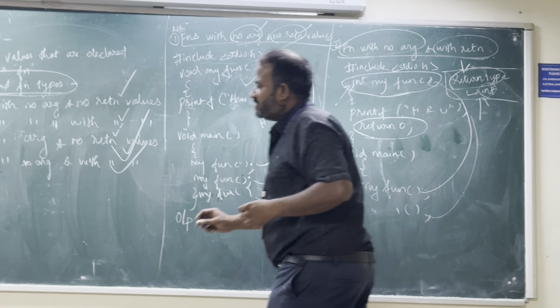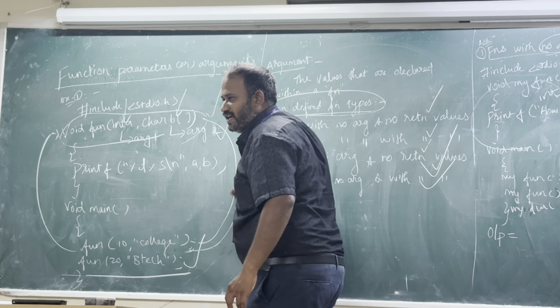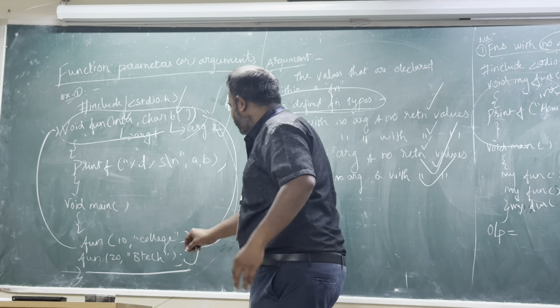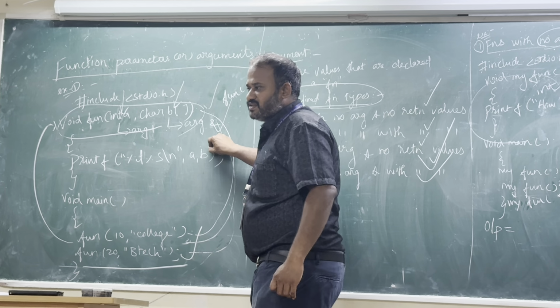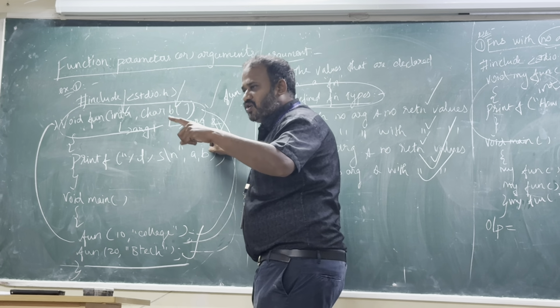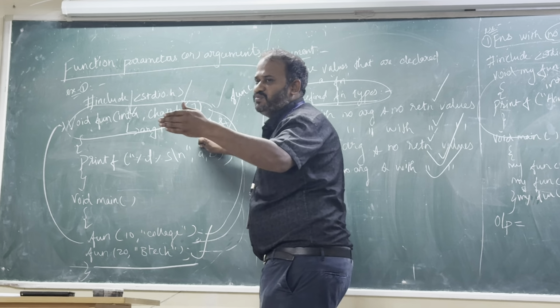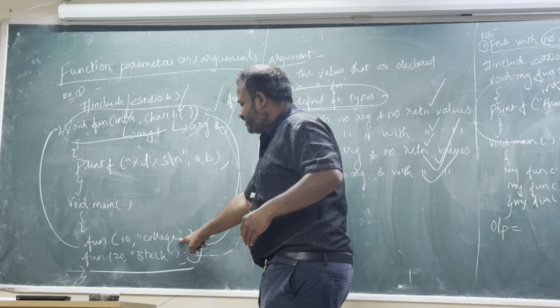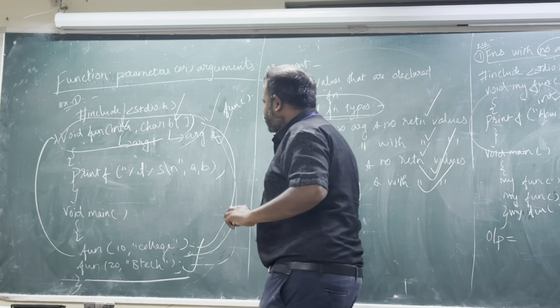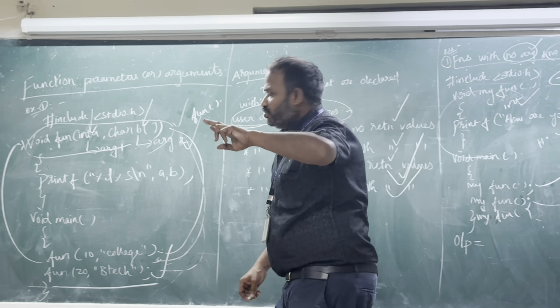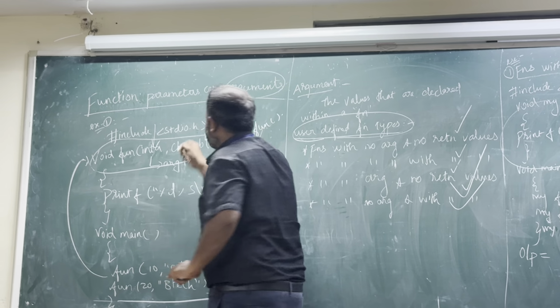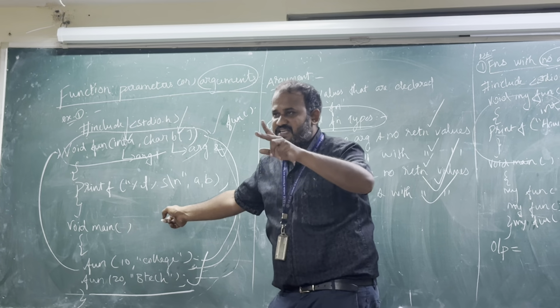Normally you know how to write the functions. First write the main function program, then you have to call the program by using this function. How many times you want to repeat, you can do it by calling this function. First thing, the main function, we can call the simple program. Second thing, we are going to introduce arguments. Argument is nothing but this.